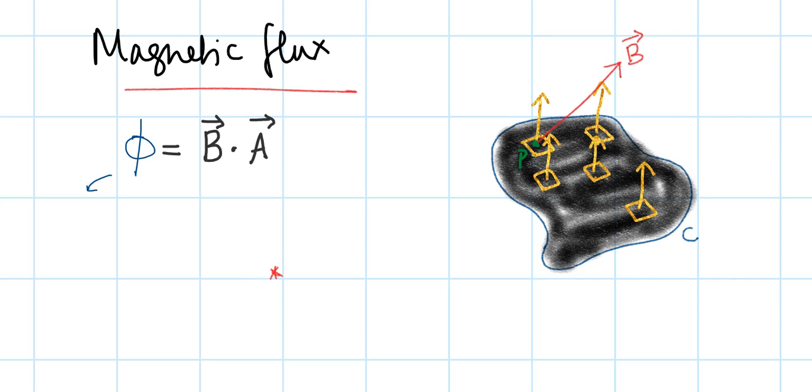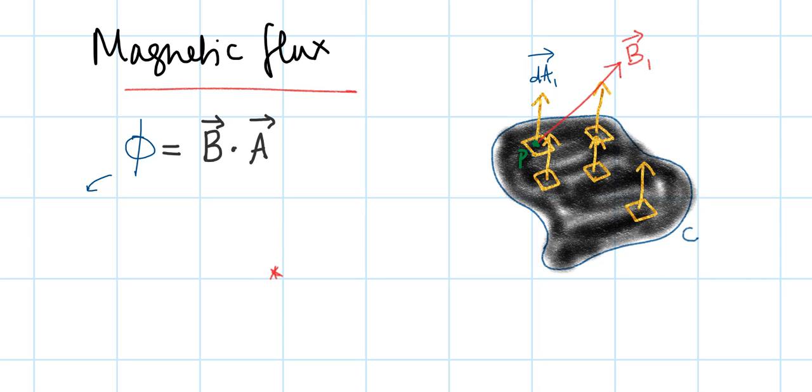Let the tiny elemental area surrounding the point P be called area dA1.